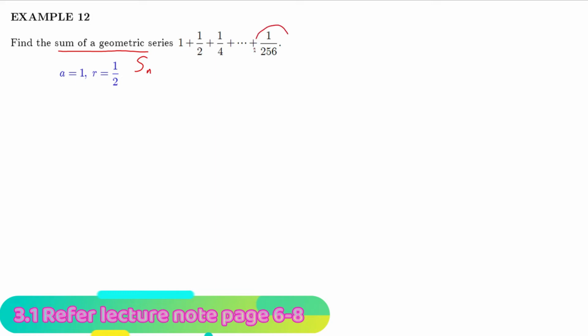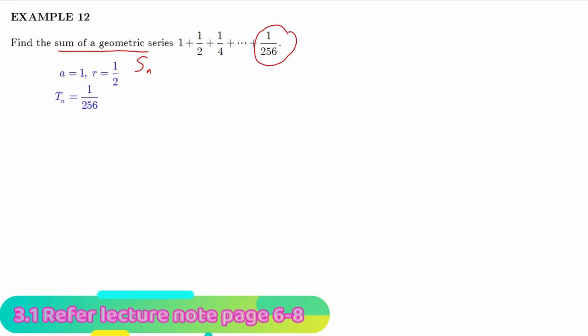They give us the final term, which is 1 over 256. But we do not know which n gives our final term. So here we write down our last term as Tn equals 1 over 256.